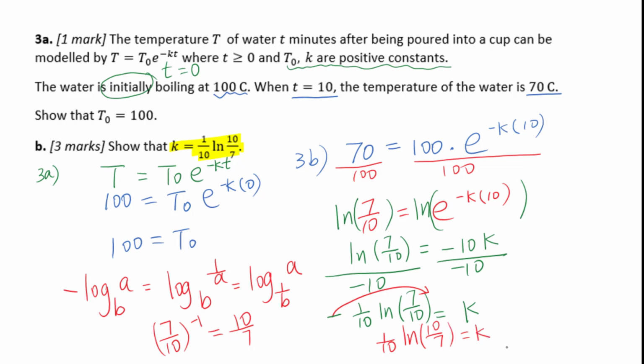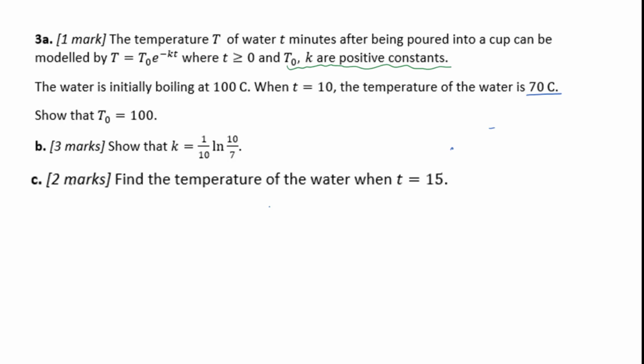We finish proving. For c, find the temperature of the water when t equals 15. We already figured out the function for the temperature of water: T equals 100 e to the negative 1 over 10 natural log of 10 over 7 times t.